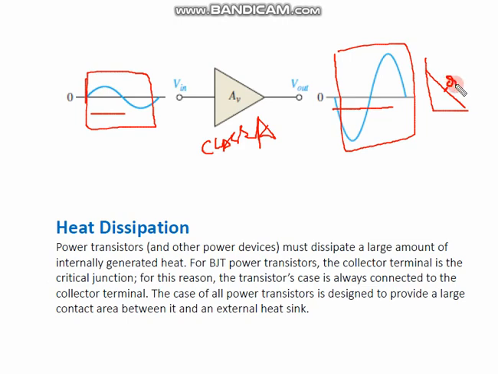If it is being affected by the saturation and cutoff points, then we can say this is large signal. If it is not affected by the saturation and cutoff, then we can say this is a small signal. So basically we'll be looking at its amplitude and its variation around this Q point.